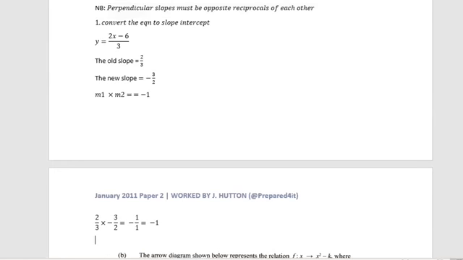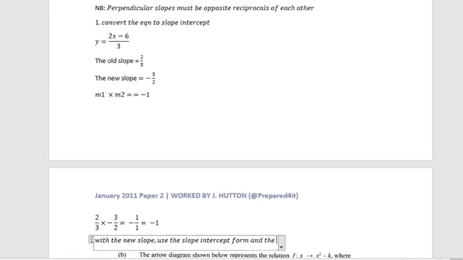So now getting to the answers. With the new slope, use the slope intercept form and the points that are given to calculate the intercept.